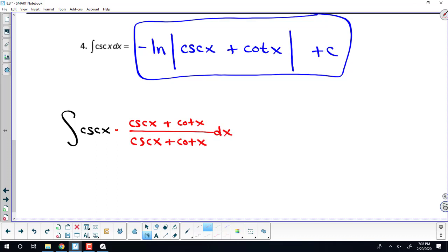So it's the same idea, you have cosecant squared plus cosecant cotangent on top. What's the derivative of the bottom part? What's the derivative of cosecant? Negative cosecant x cotangent x. So you have the cosecant cotangent, but it's not negative.